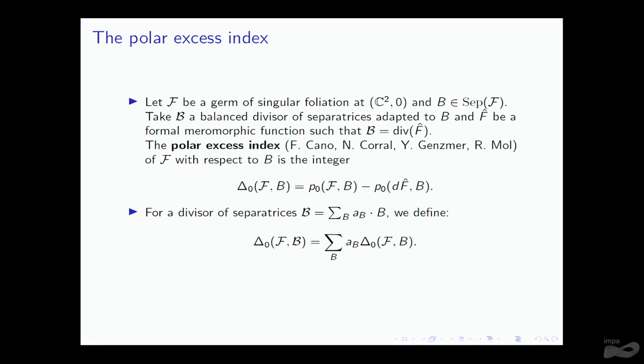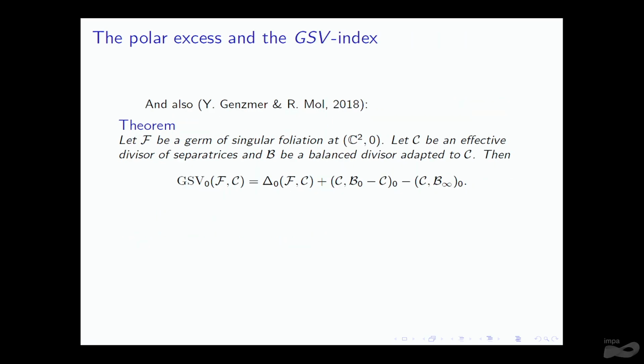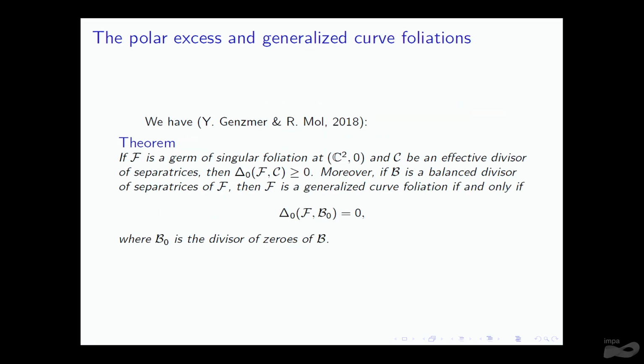Okay, and for divisor of separatrices, I define the polar excess in an additive way. The fact is that this index characterizes generalized curve foliations. Whenever I have an effective divisor of separatrices, this delta is non-negative.